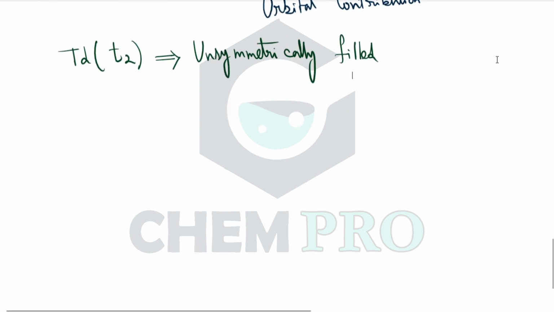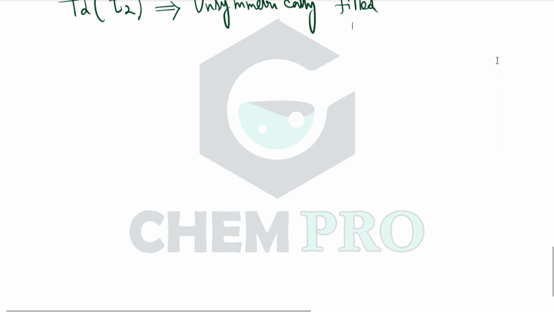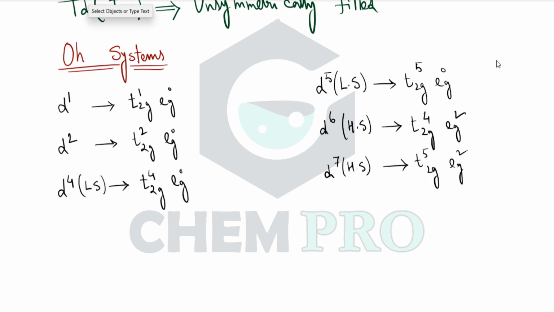So now we will check for octahedral complexes and tetrahedral complexes which configurations will contribute to the orbital contribution. For the d1 configuration, there is t2g1, that is an unsymmetrically filled t2g orbital, and it will contribute to the orbital contribution.